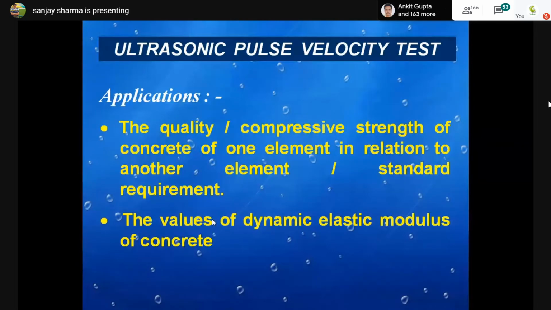Then it was rehabilitated and strengthened using high strength epoxy. In whichever grid we got a UPV of 5000 and a rebound number of 42, we said that part is okay.